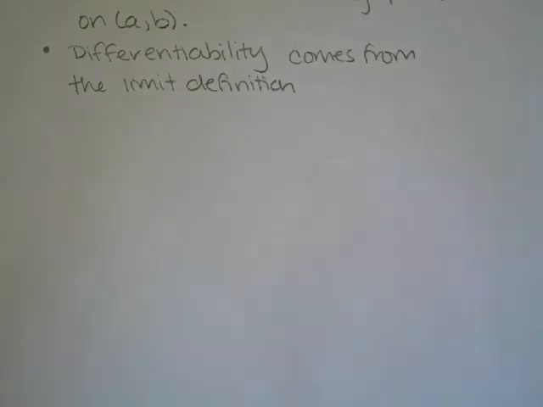So your differentiability, the ability for us to find the derivative or the instantaneous rate of change at a specific point, comes from limits. And that's because what we just did is we spent half the period finding a derivative by using a limit process.